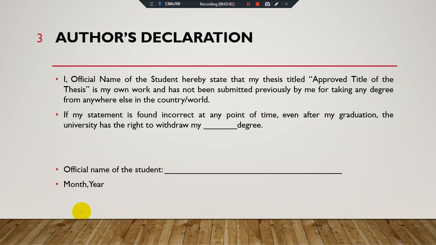And if you are found guilty of getting another degree with this thesis, then this degree will be cancelled, and you have to provide your official name, and the month and year of the declaration.